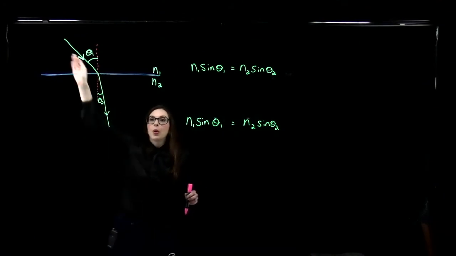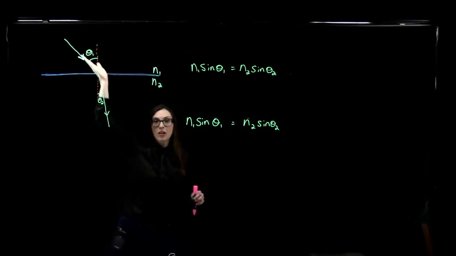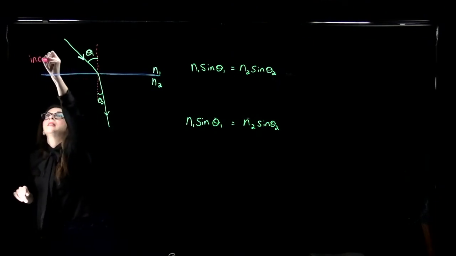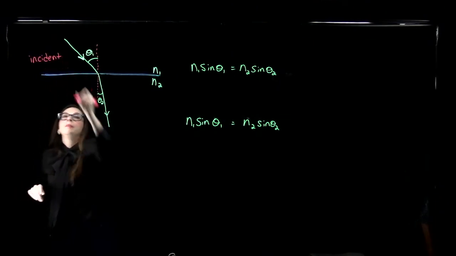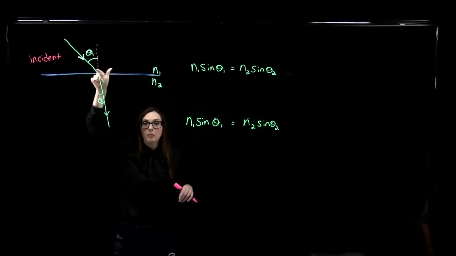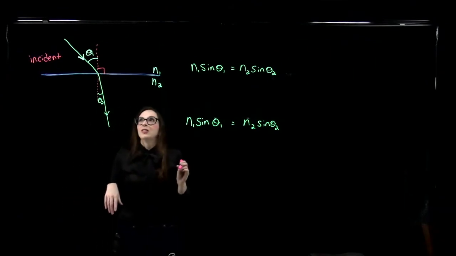Since the ray is coming in to the interface through material 1, this is our incident material. This is our incident ray, and this is our incident angle here. Here I've got my vertical dotted line. That's my normal line, perpendicular or at right angles to the surface here, 90 degrees.